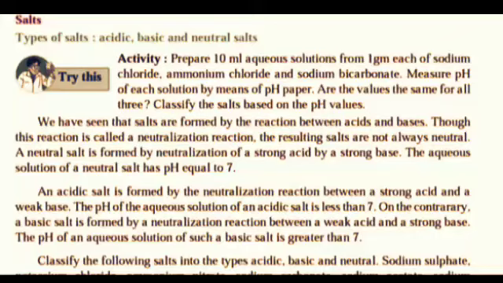An acidic salt is formed by the neutralization reaction between strong acid and weak base. The pH of the aqueous solution of an acidic salt is less than 7. On the contrary, the basic salt is formed by a neutralization reaction between weak acid and strong base. The pH of an aqueous solution of such a basic salt is greater than 7.